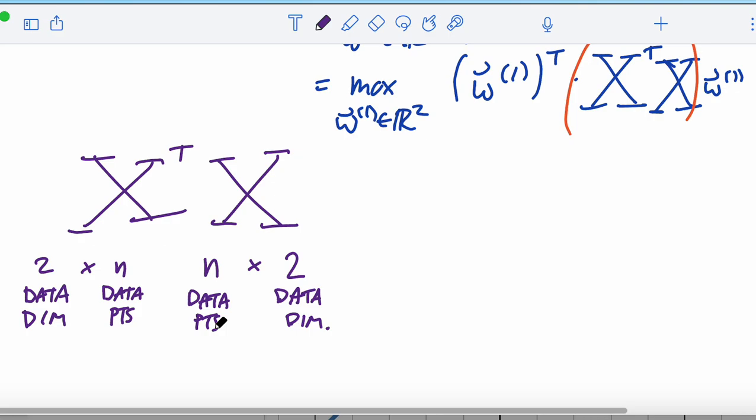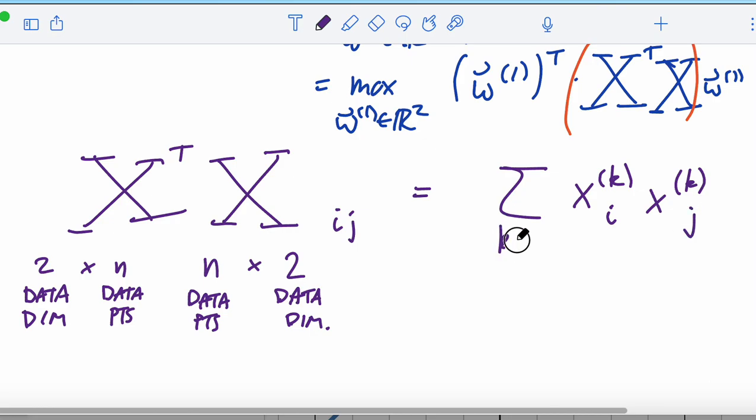And so really what this is, the ij entry of this is the sum of x_ki with x_kj, summed over the data points. This is the sum over all data points.